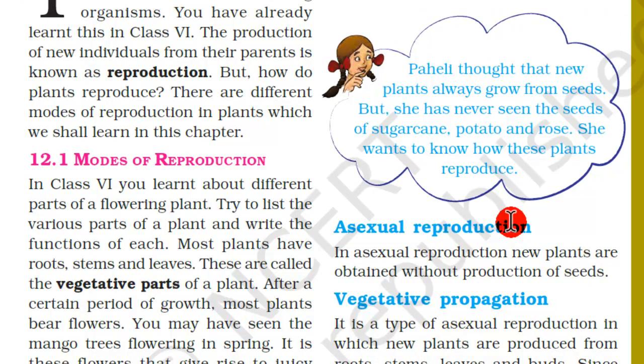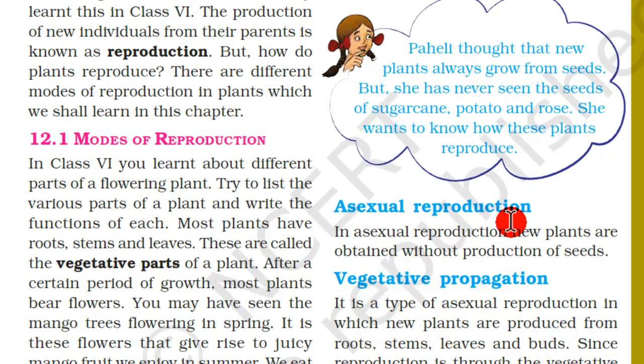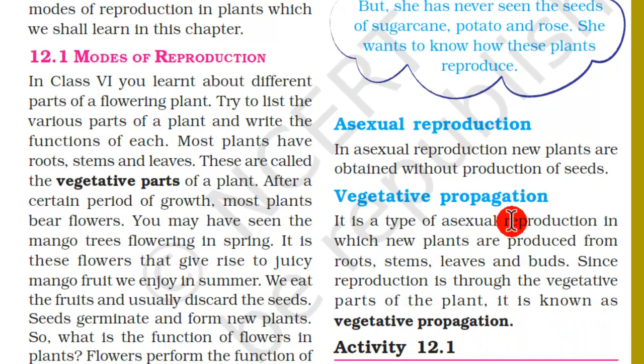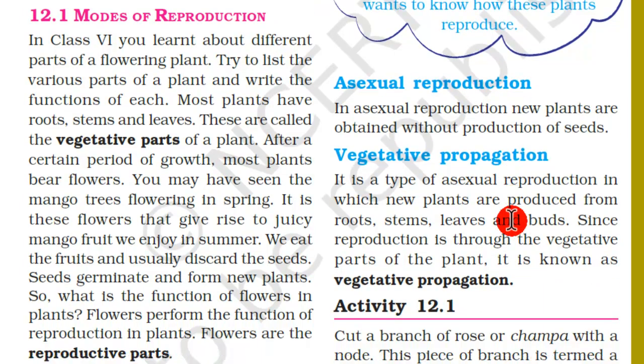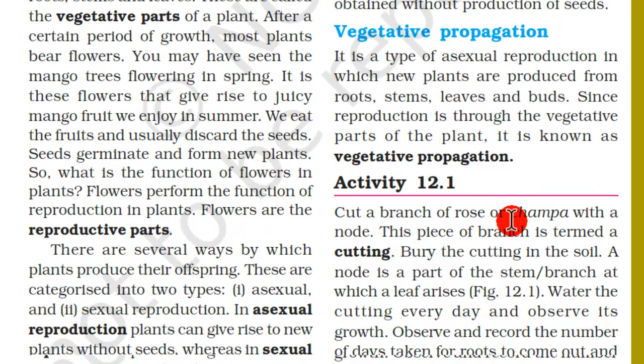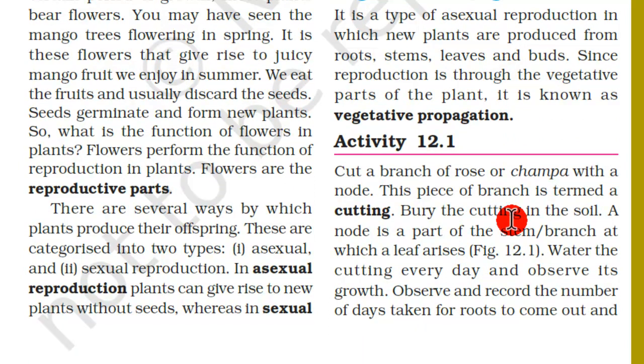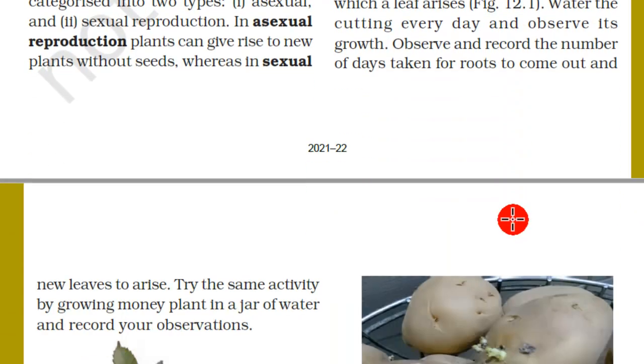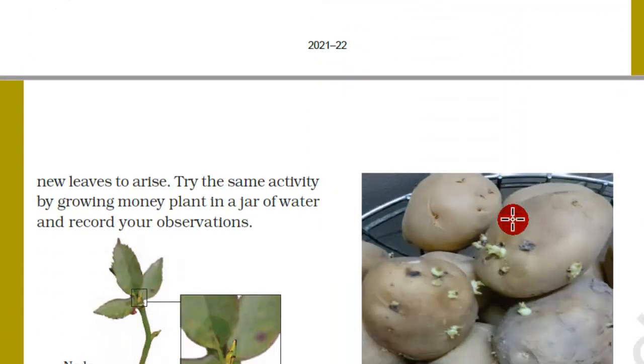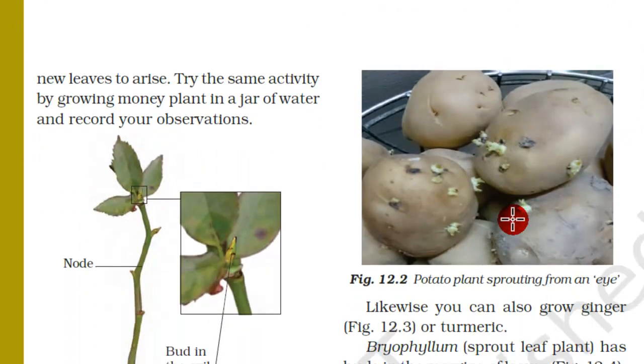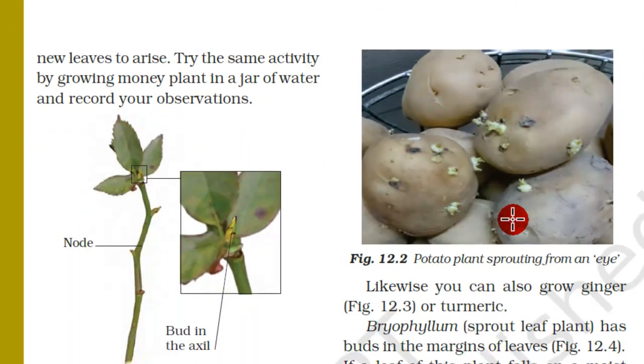There are several methods of asexual reproduction such as fragmentation, budding, spore formation, and vegetative propagation. Sexual reproduction involves the fusion of male and female gametes. In vegetative propagation, new plants are produced from different vegetative parts such as leaves, stems, and roots.